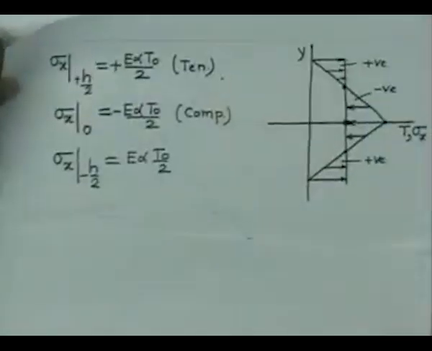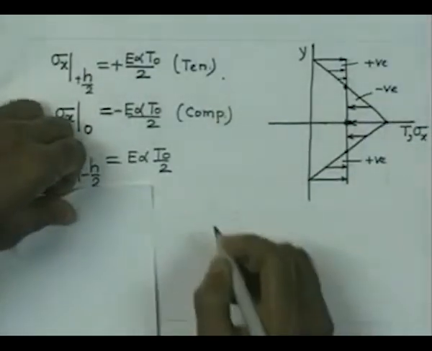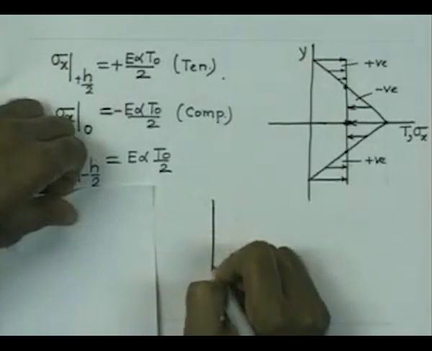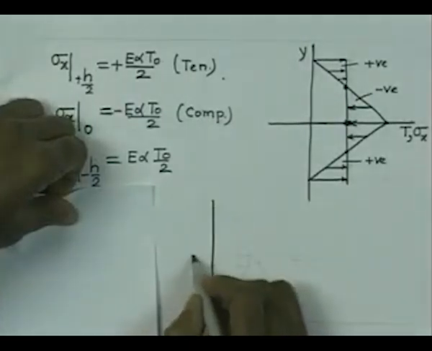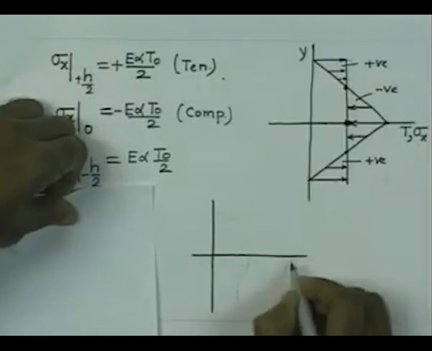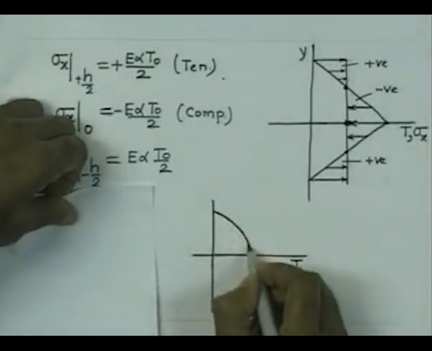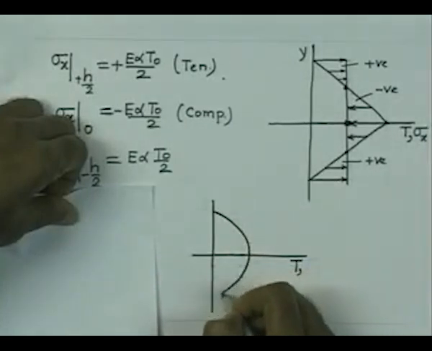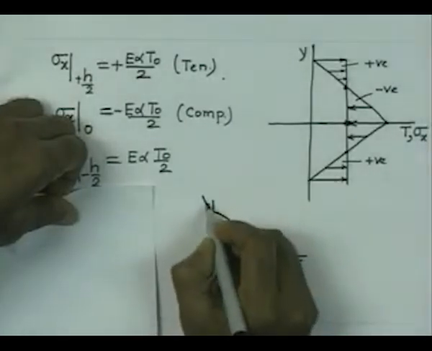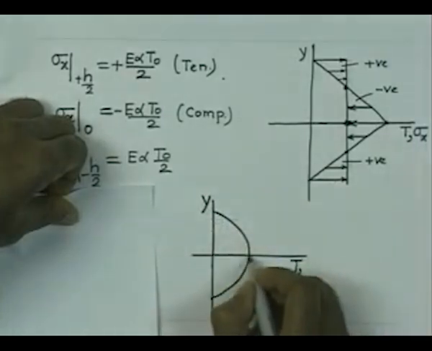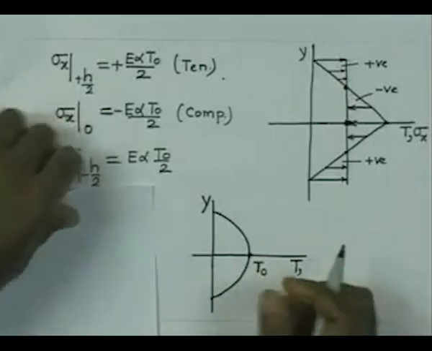Now, let us consider another example, and we can find out this thing without doing much of a calculation. Let us consider that we have a parabolic variation. Let us say that this is the temperature variation here, and this height is equal to T0.